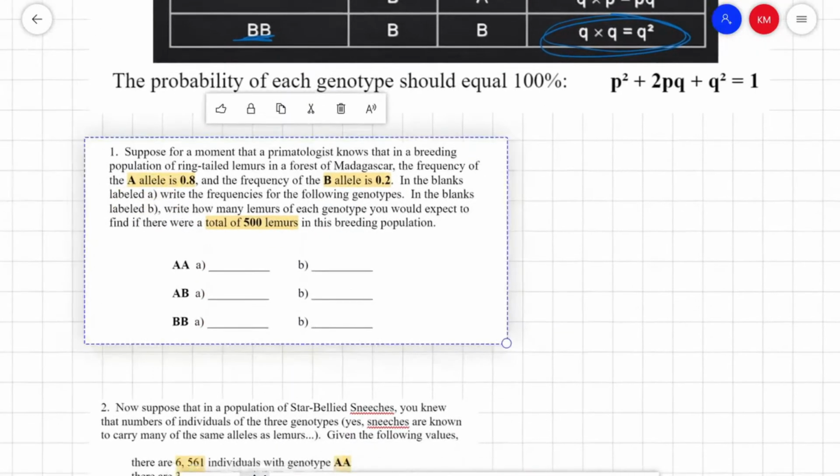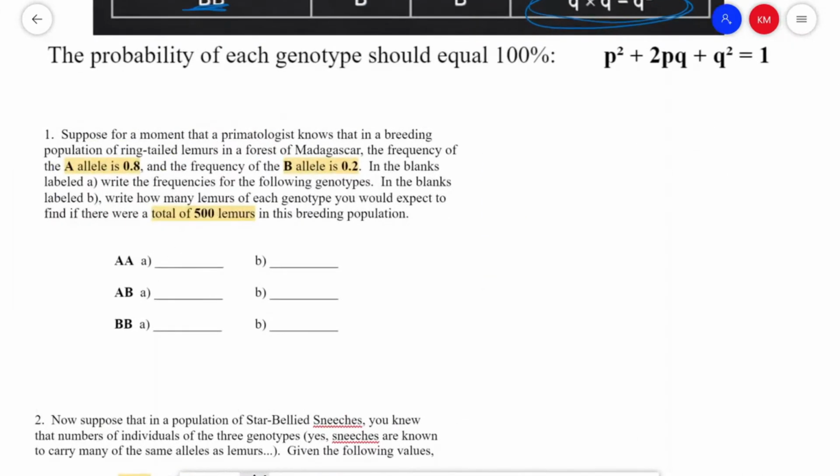So the first thing you're going to want to know is that when you see P's and Q's, we basically write it like this. The A allele frequency, 0.8, that's going to equal P. Okay, and then the same thing for the B allele frequency, 0.2, that equals Q.